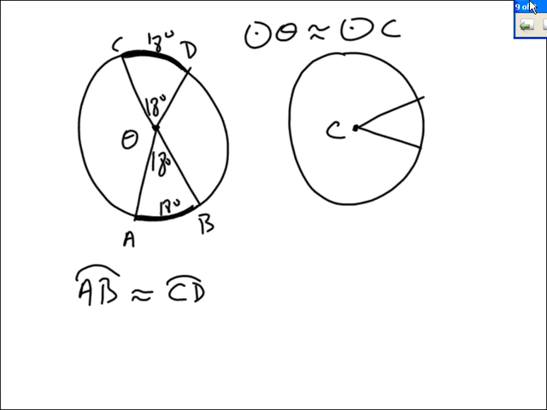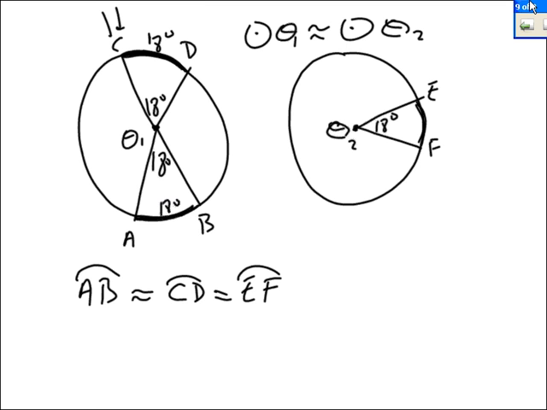Oh, I guess I don't want to use C for the center because I use C for something else. Let's just call them O1 and O2. Just a name. And I tell you that they're congruent and that the central angle is 18 degrees as well. Arc EF is congruent to the two arcs in this other circle, AB and CD. They're congruent.